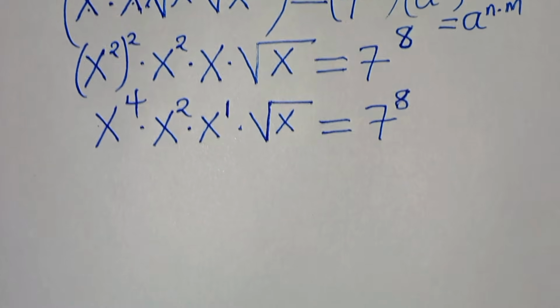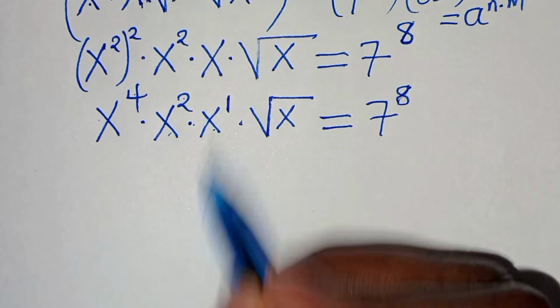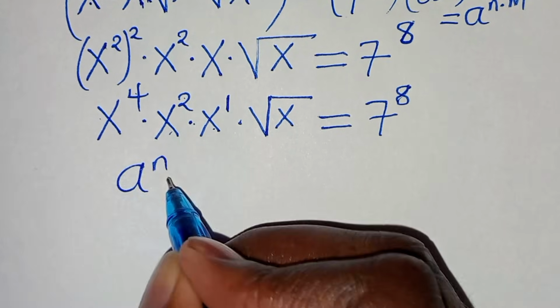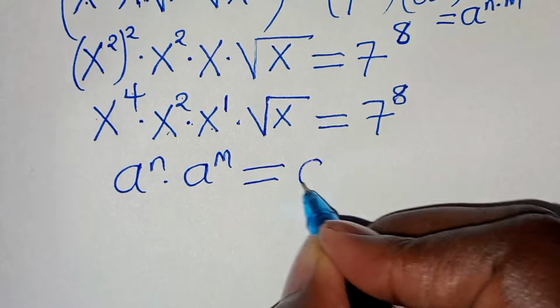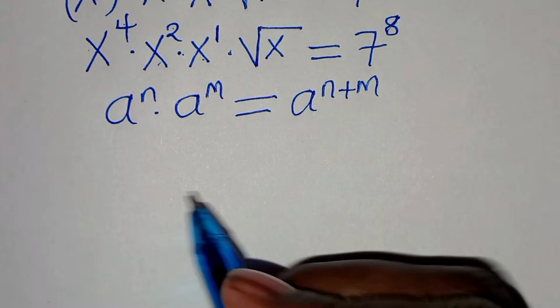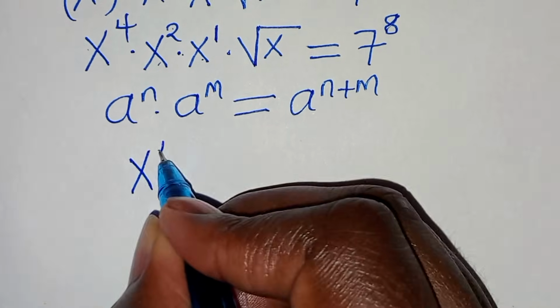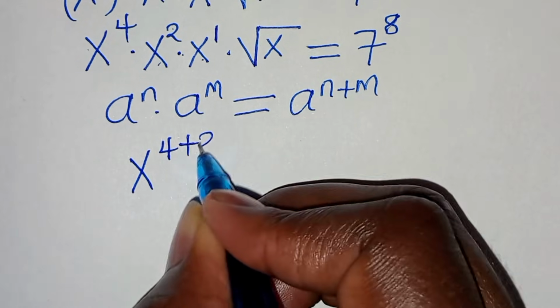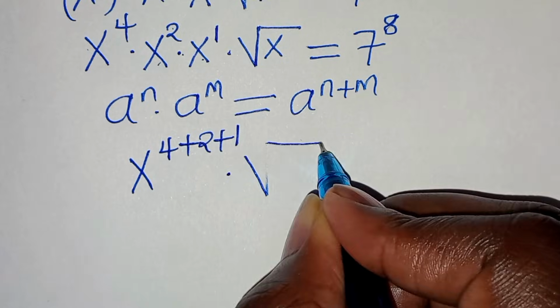Now x to the power of 4 times x to the power of 2 times x to the power of 1. This is in the form of a to the power of n times a to the power of m, which we can express as a to the power of n plus m. Now applying this exponent property, we have x to the power of 4 plus 2 plus 1 times square root of x.